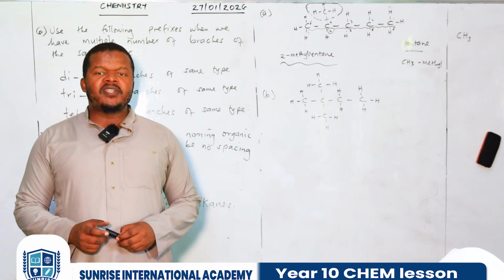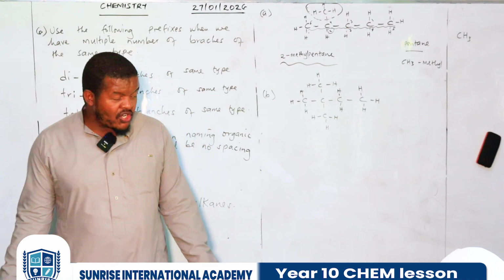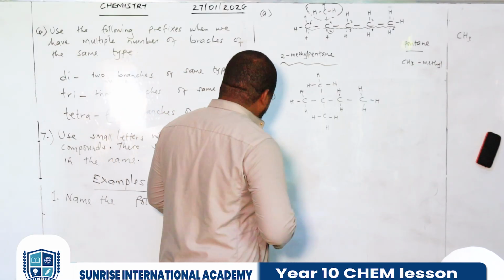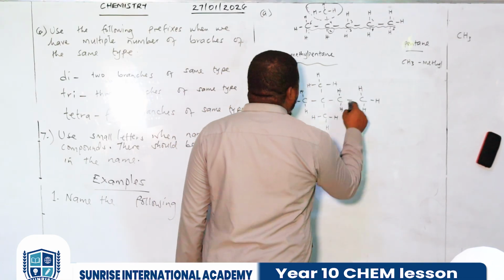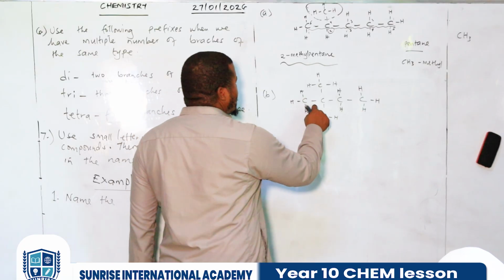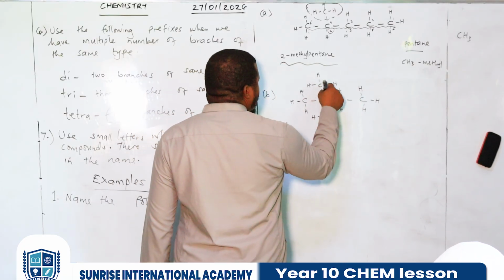Let's look at that alkane. First things first, locate the longest continuous carbon chain. Let's find out. You have options. I can look at it linearly: 1, 2, 3, 4. Or I can say 1, 2, 3.